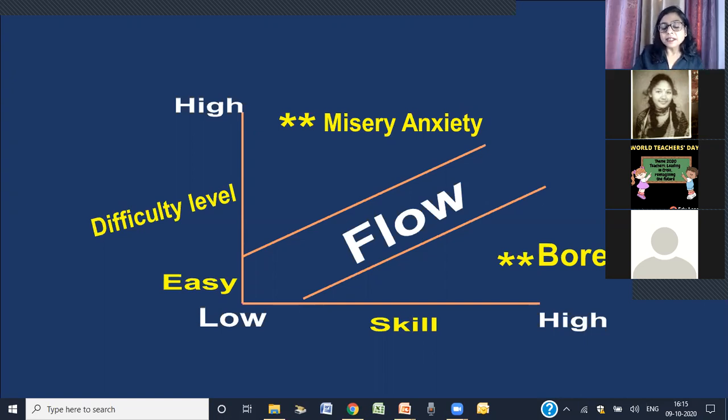But the research says that if we teach in such a manner that their skill level is just below the difficulty level of the task, all of them are going to grow. So we stick to this one principle: children will make progress only once their skill level is just slightly below the difficulty level, so that they are pushing themselves up and achieving their targets. Okay.